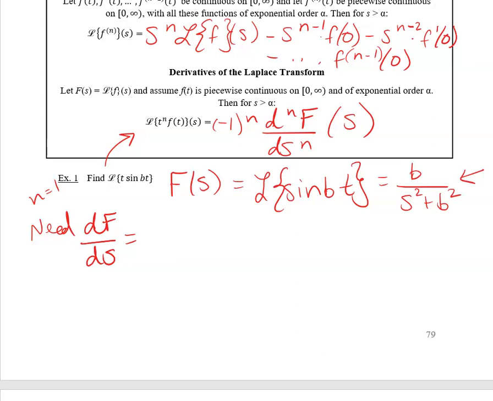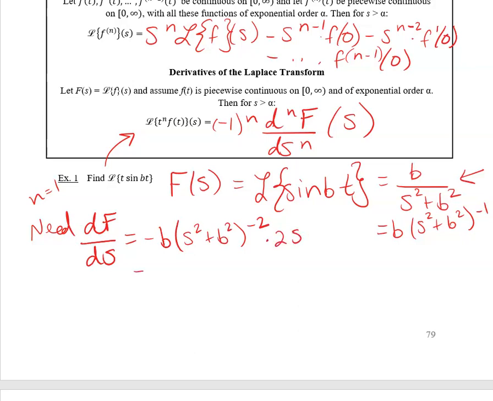s is the variable, b is the constant. You could do a quotient rule, but don't. Let's do a chain rule, and I'm going to write this as b times (s squared plus b squared) to the negative first. Remember, b is a constant. So your derivative here becomes, bring the negative 1 to the front, you get negative b, derivative of the outer, right, with a negative 2, evaluated at the inner, times derivative of the inner, which is 2s.